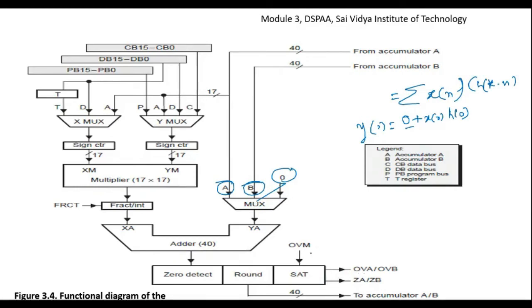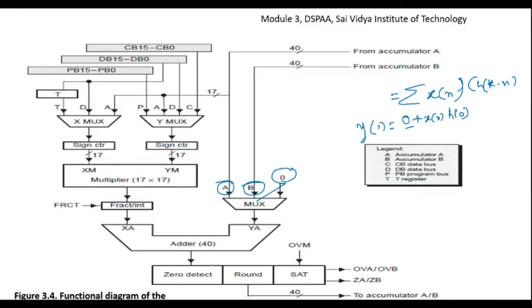And we also have OVA, OVB from status register 0, and OVM from status register 1, the overflow mode. So say if the overflow mode is equal to 0, store the data, load the accumulator with the most positive value or the most negative value.